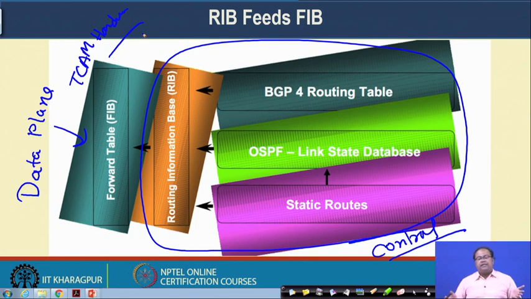Again, repeating this entire procedure: whenever you receive a packet, first you extract the IP header, and from the IP header you extract the destination IP address. Then you use the TCAM hardware to make a match with the forwarding information base. If the information is already there, you use the switch fabric to copy the packet from the input interface to the output interface.